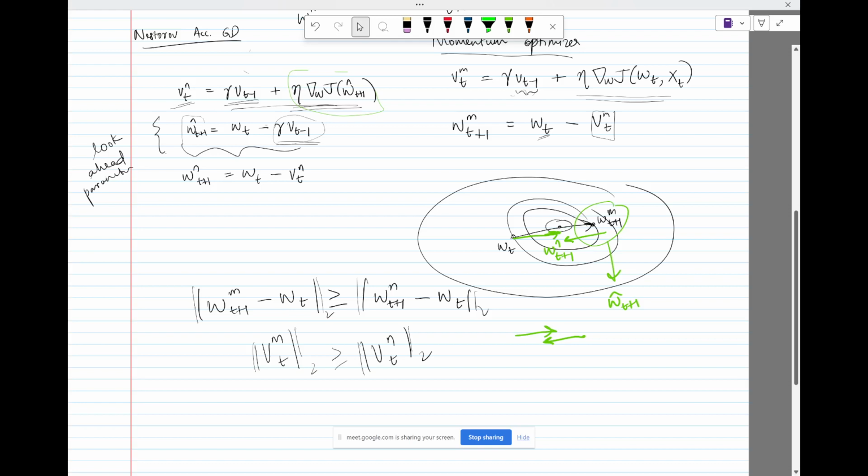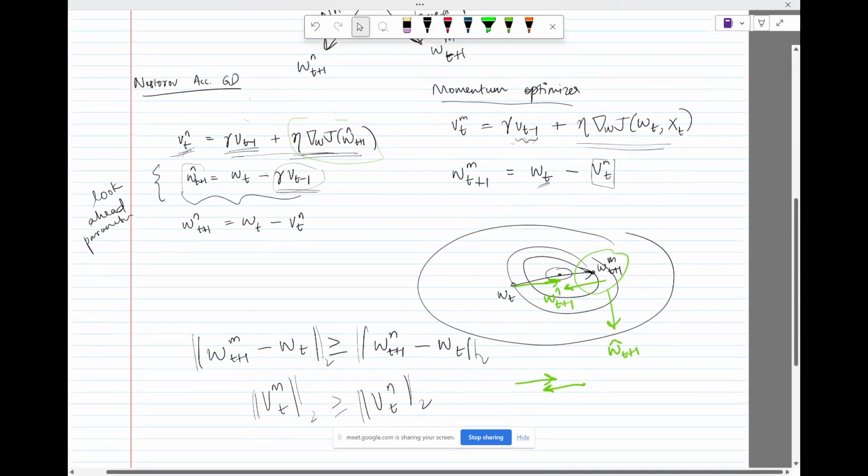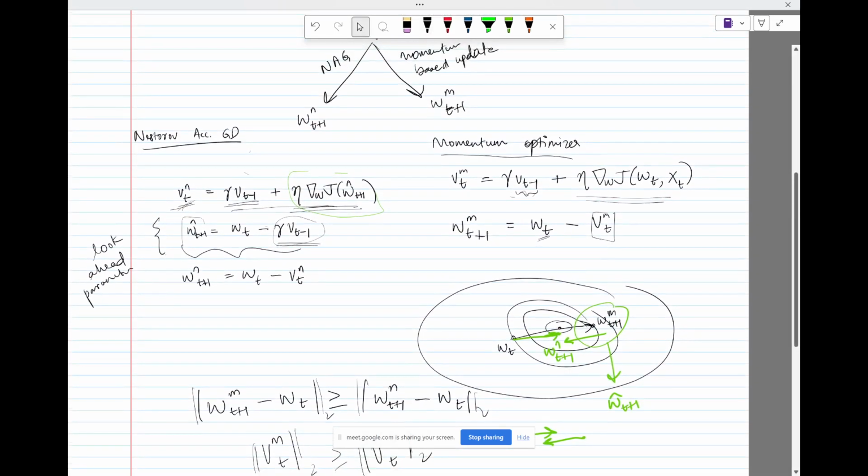Because this momentum is computed based on the look ahead parameter, the update step will be smaller. Because this term and this term are in opposite direction.